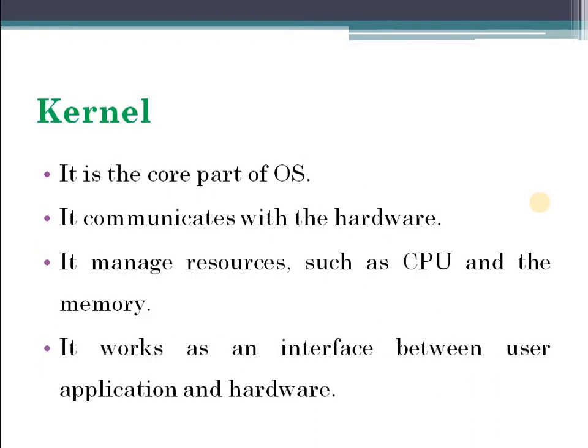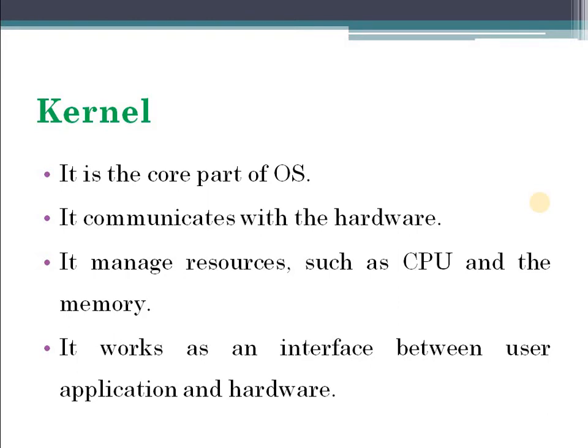Now what is the kernel? It is the core part of the operating system. It communicates with the hardware directly. It manages the resources such as CPU and memory. Because it is communicating with the hardware directly, the management of those resources is also the responsibility of the kernel. Okay, it works as an interface between the user application and the hardware.